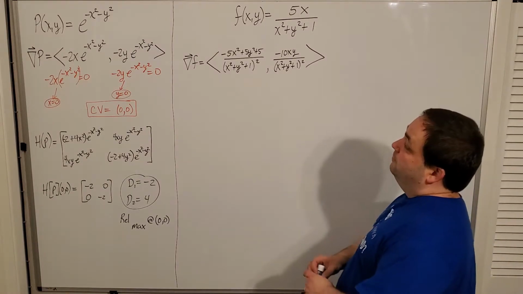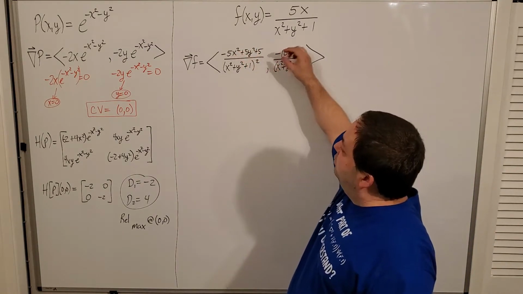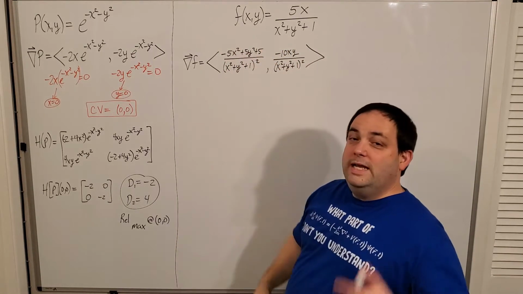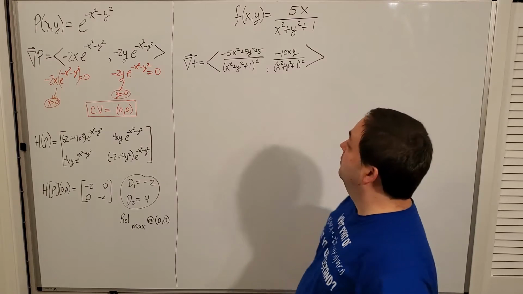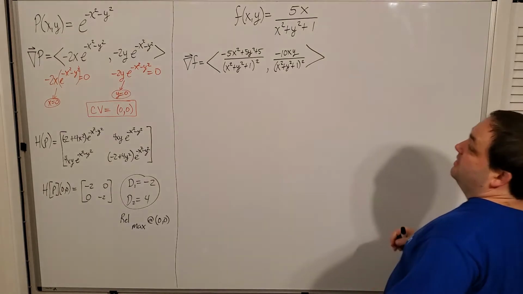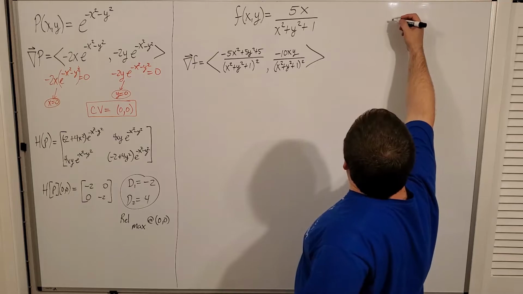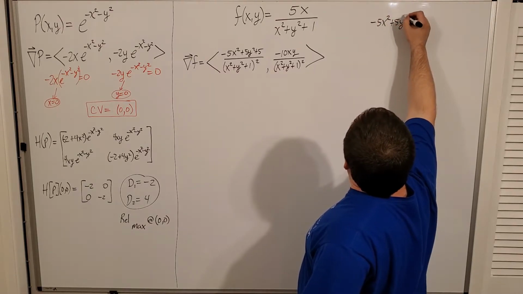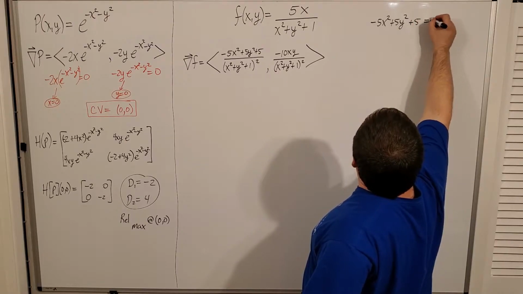More good news. If I have a fraction equal to 0, that only happens when the numerator is equal to 0, right? So the two equations that I'm looking at here to solve are going to be negative 5x squared plus 5y squared plus 5 equals 0.